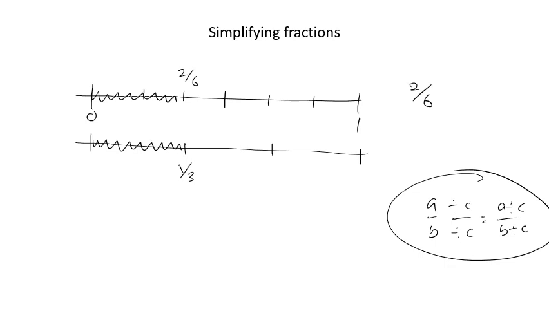So when I divide the denominator by 2, I'm combining these pieces, right? So I'm going from 6 pieces to 3 pieces, and so I'm taking these 2 pieces and joining them together. And so now I have 3 pieces. And now the same thing's happening to the numerator. If I'm joining these 2 pieces together, then these 2 pieces here also join together and make 1 piece here.